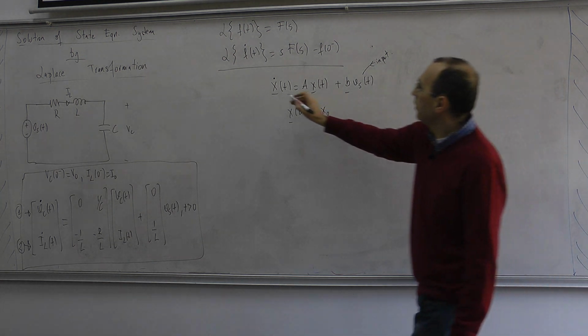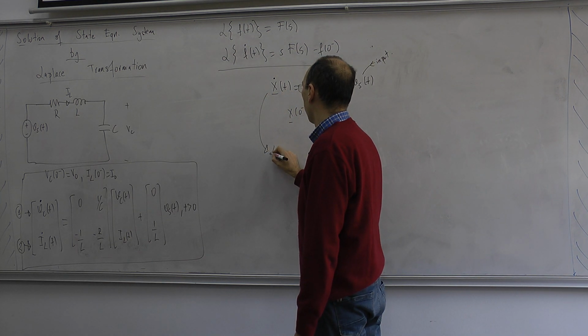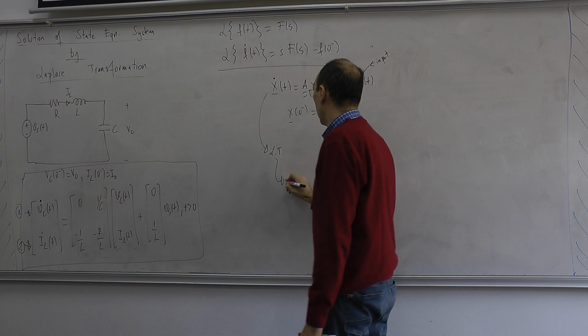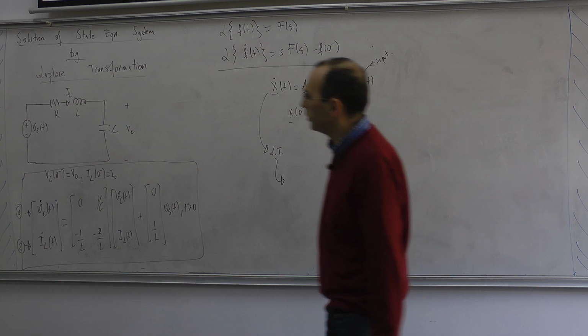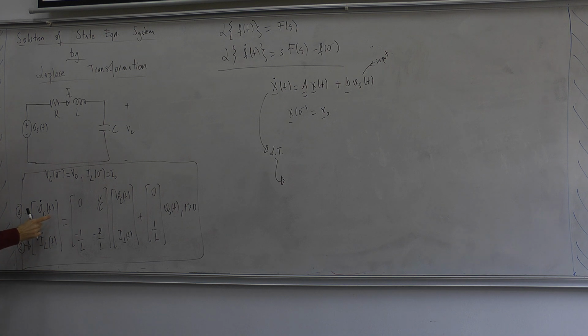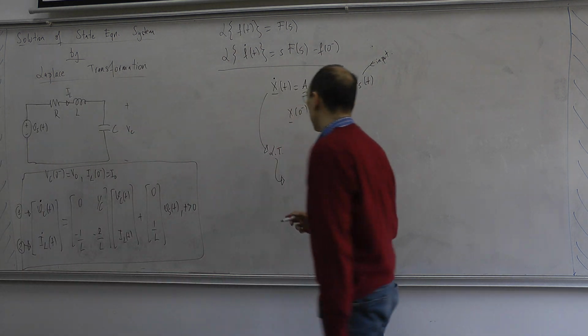Now I would like to take the Laplace transform of this equation. So how do I handle this? What's the meaning of this? I'll be taking the Laplace transform of this first element and then the second element and write them in matrix form. This is what we have done a few seconds ago.